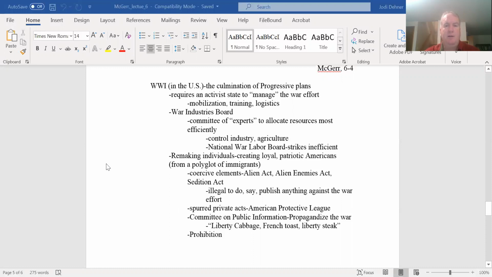The two sets of combatants were on the Allied side. It was France, Britain, and Russia were the primary allies at the outset of the war. They were opposed by the Central Powers, as they were then known, which included Germany, Austro-Hungary, which was the Austro-Hungarian Empire, and Turkey.